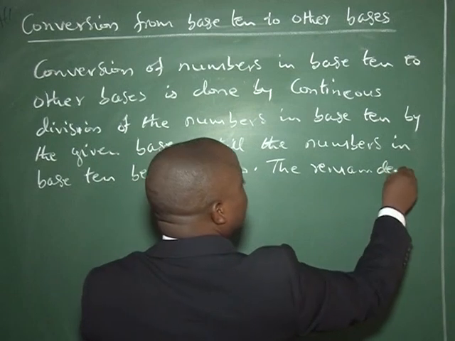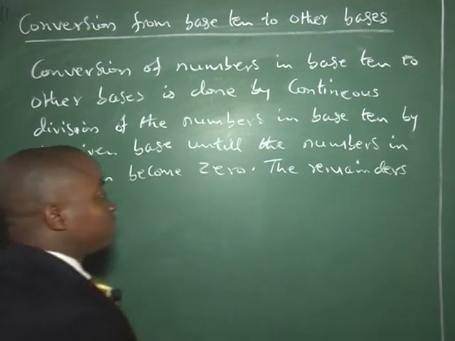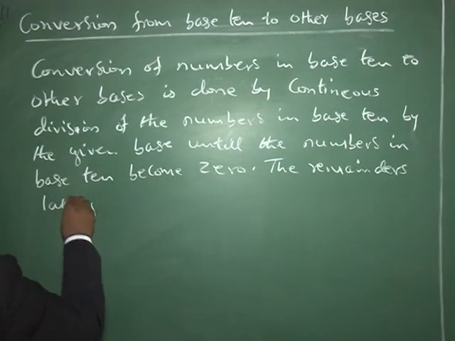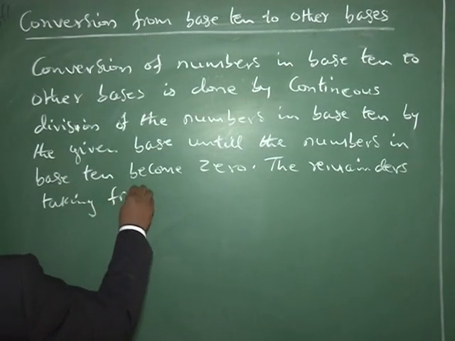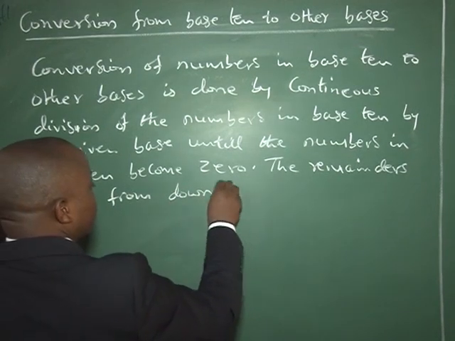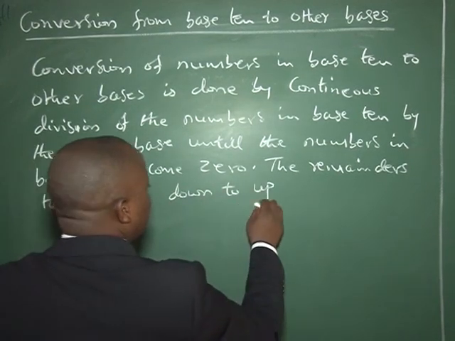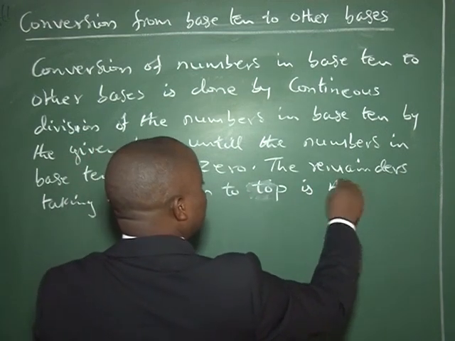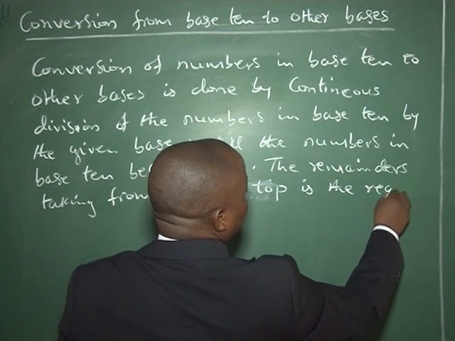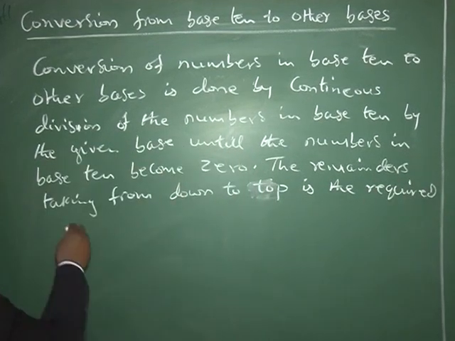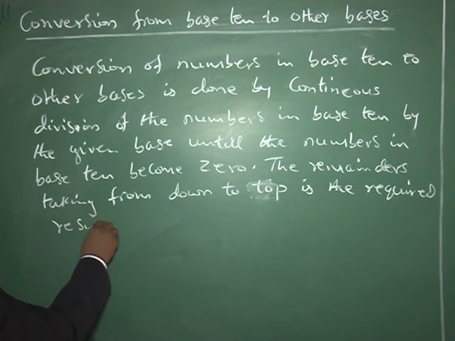The remainders taken from down to up, or to the top, is the required result.